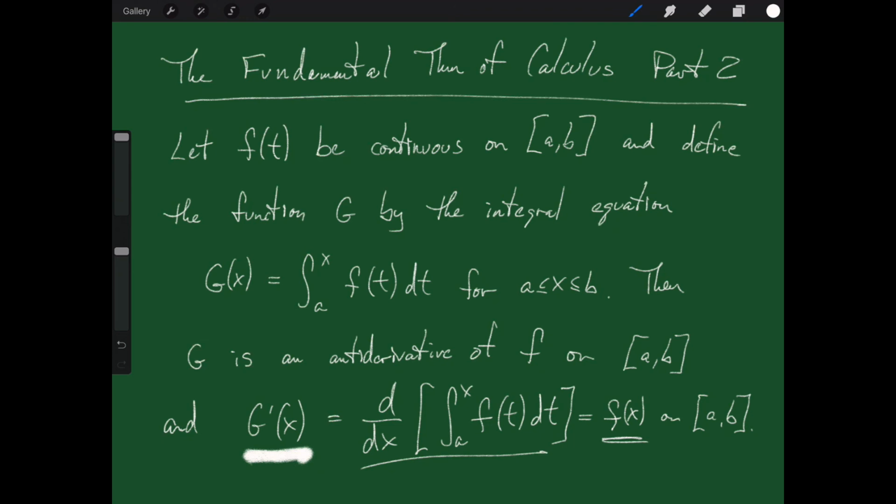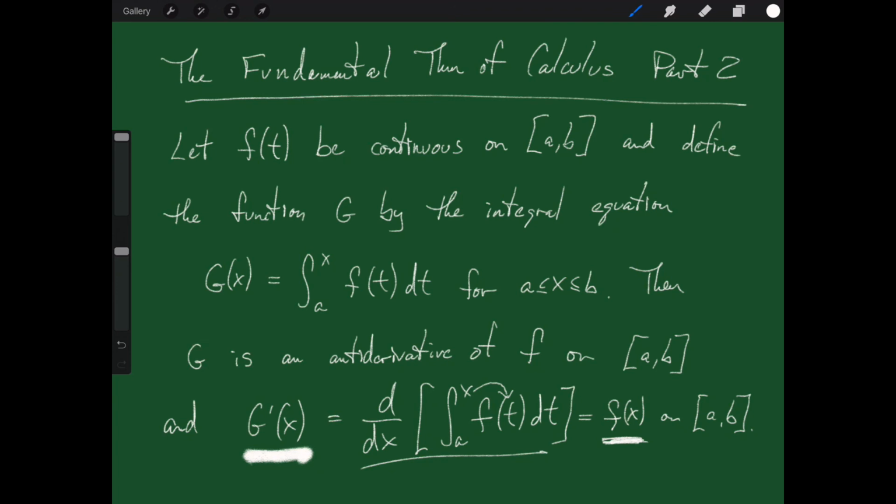So what I'm doing actually here, and this is what's so simple about the fundamental theorem, is that I'm taking this x value, plugging it in wherever I see a t, and that's what comes out on the other side. And we'll see some specific examples of this.